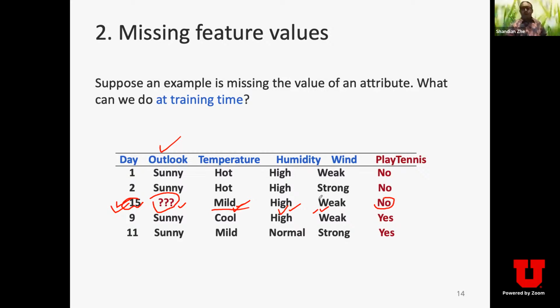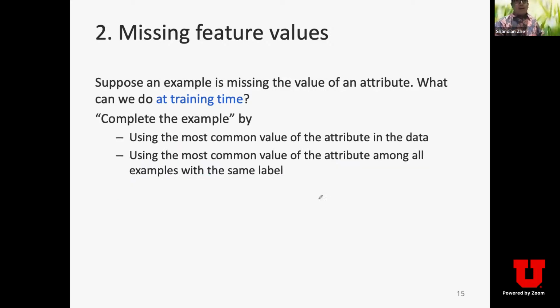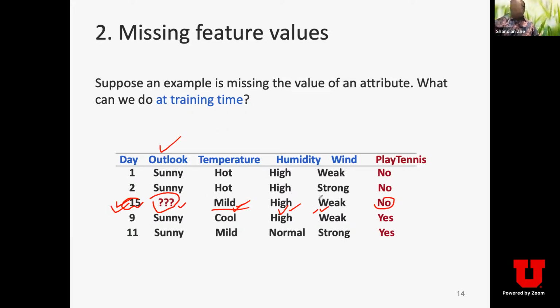That's very good. So let us start with the most intuitive idea, like she just mentioned. We try to complete the missing attribute. How can we do that? We can go over the entire data set and pick the most common outlook value showing up in the data set to fill it. That's one way. A more refined approach is to look at the label of my incomplete example.